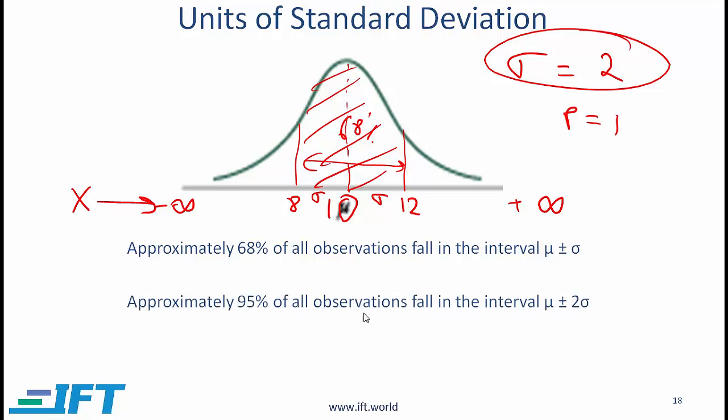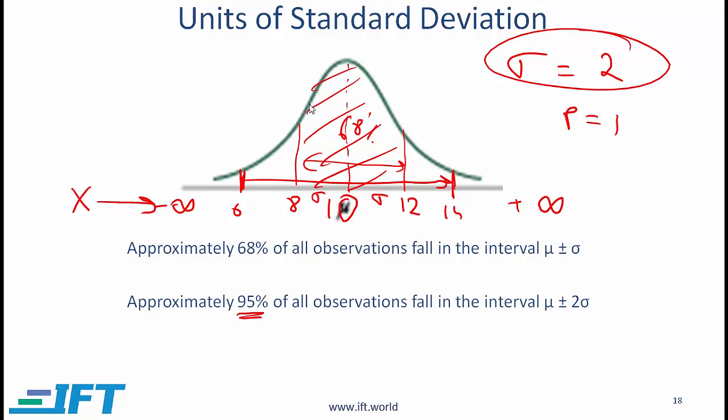Approximately 95% of all observations fall in the interval mu plus or minus 2 sigma. Again, with sigma equal to 2, 2 sigma gets us to 14 over here, and 10 minus 4, which is 6 over here. So we are saying that between 6 and 14, we now cover 95% of the data.